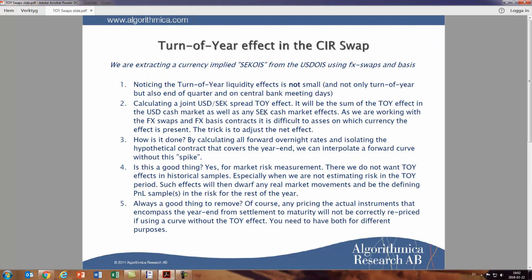Because we have FX swaps and FX bases that are dollar SEK as a cross, we're not really aware of which currency this year-end effect is active in. So we're actually doing a net adjustment on the net of dollar and SEK year-end effects.